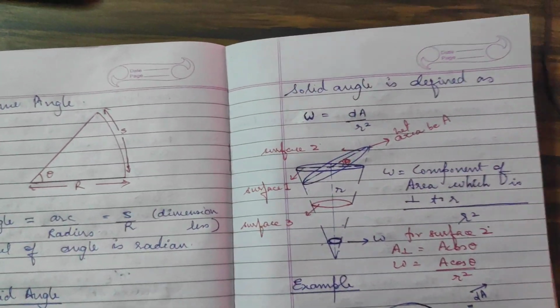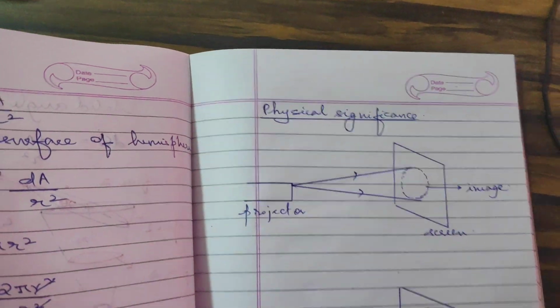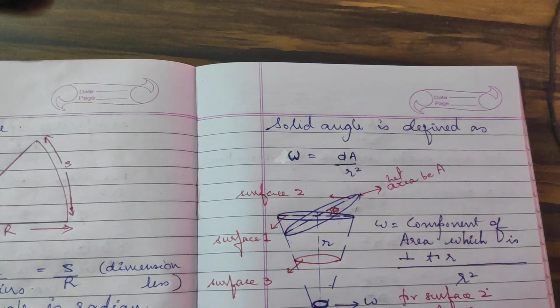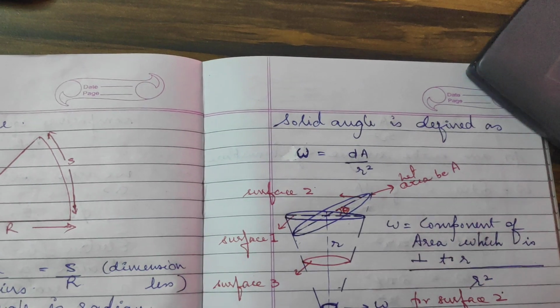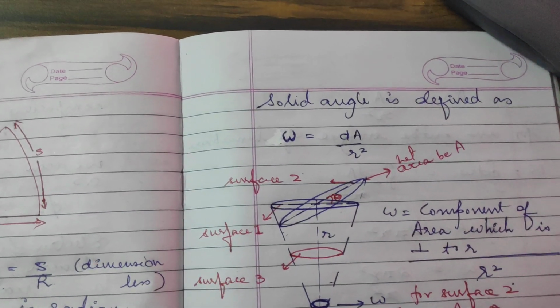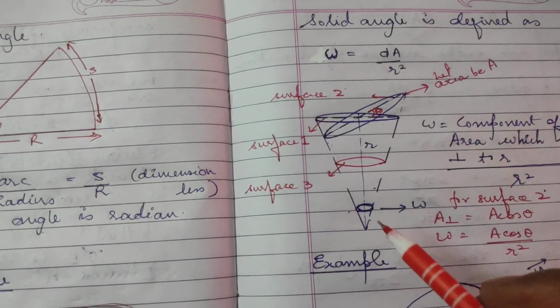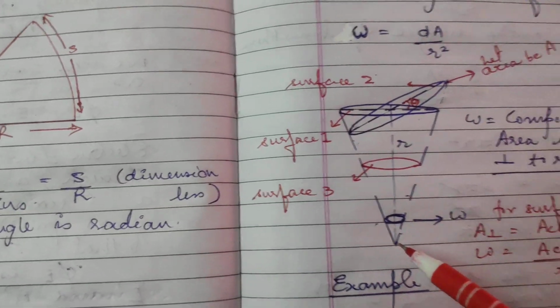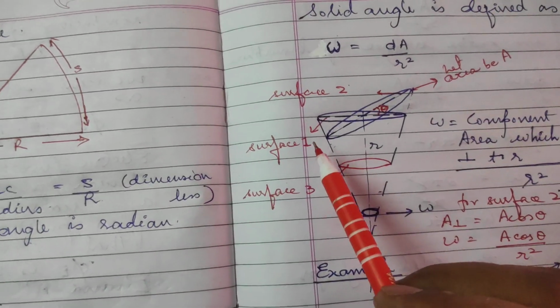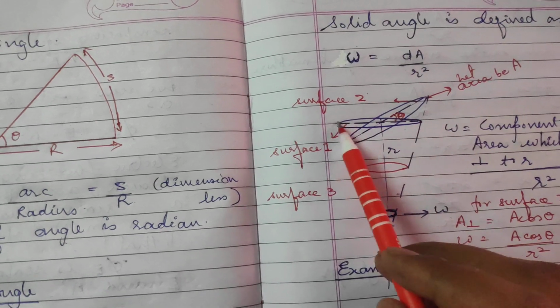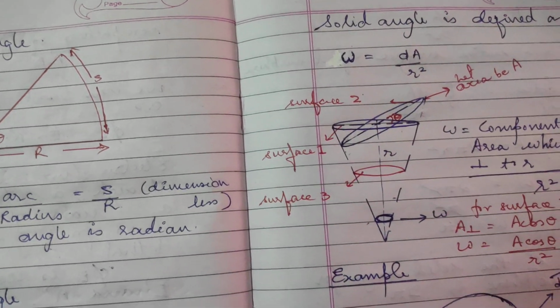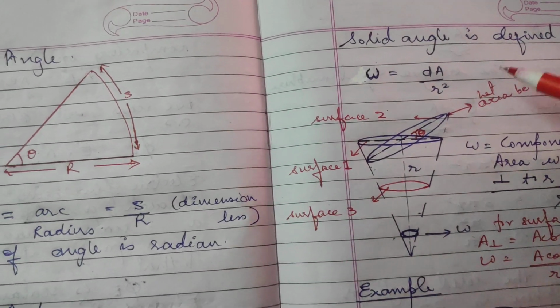Now, if you consider this diagram, we will first focus on surface 1. So this is surface 1. Before that, we should understand the formula.